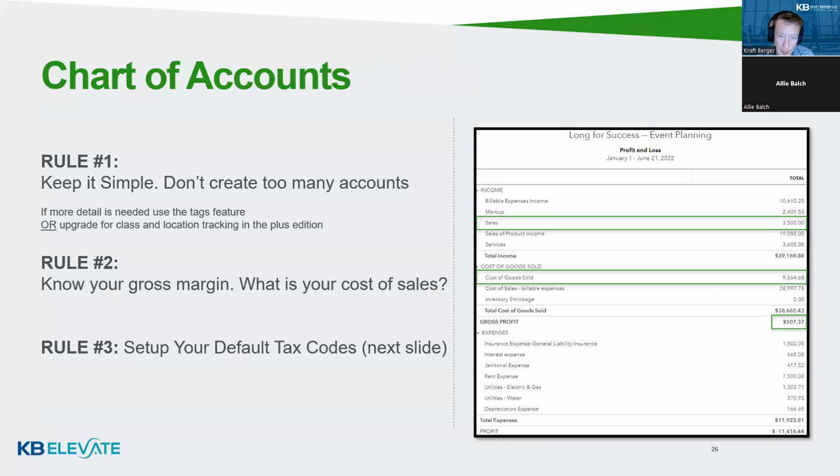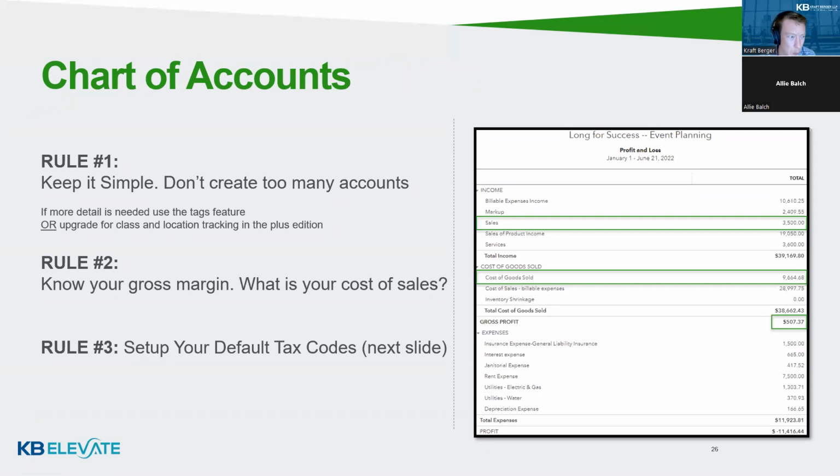And the last thing I'll say about your chart of accounts, and this is just a reflection on what we've seen or how this seems to evolve over time, I would encourage you to keep it real simple. Don't create too many accounts.